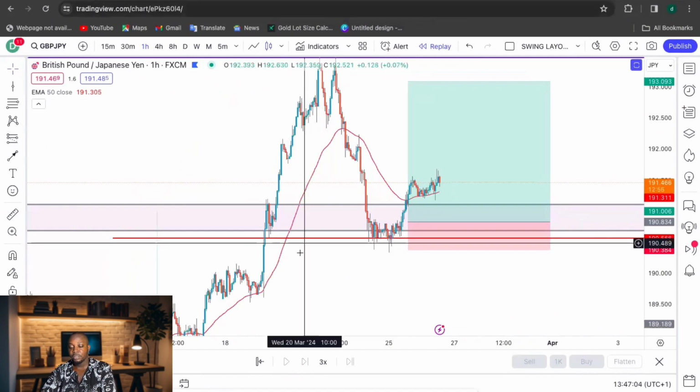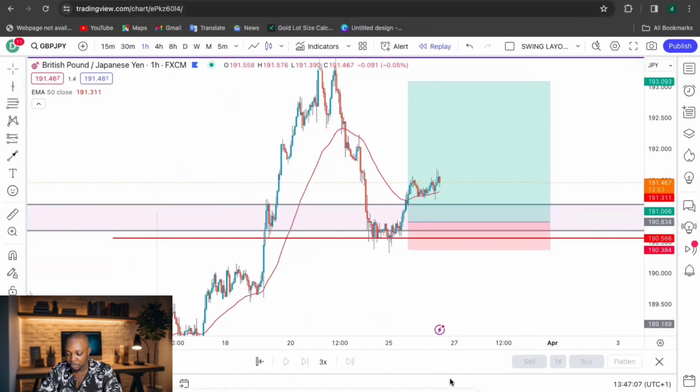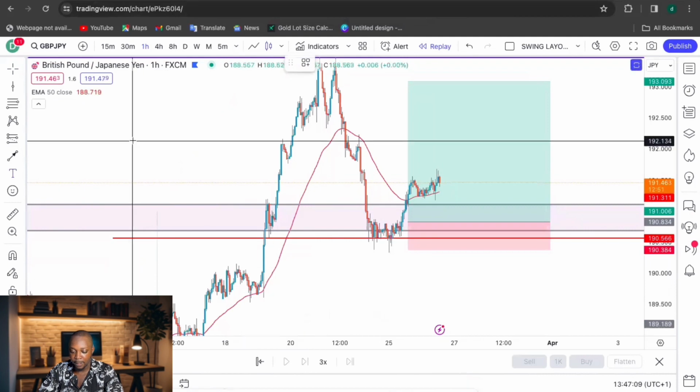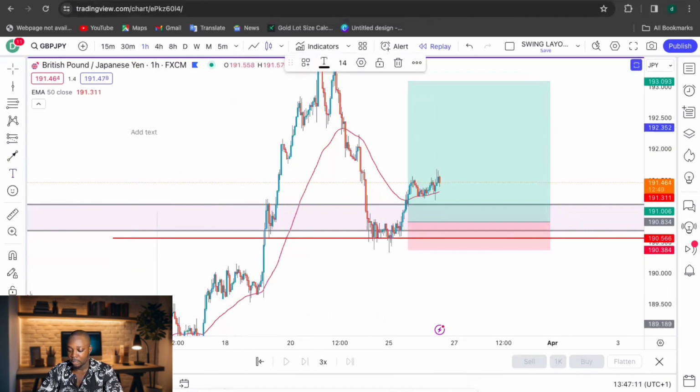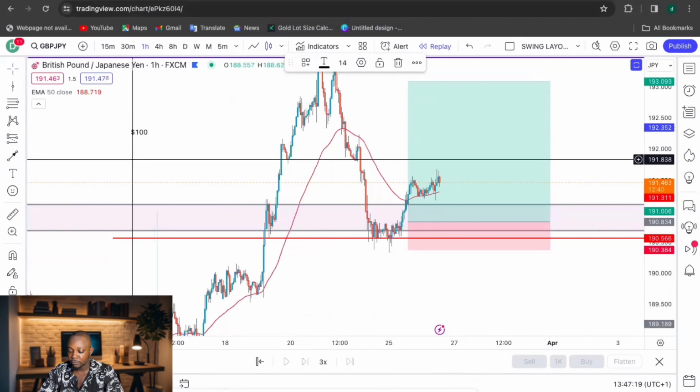That simply means, let me type this out so we all can see: $100, and you have a leverage of 1:100.